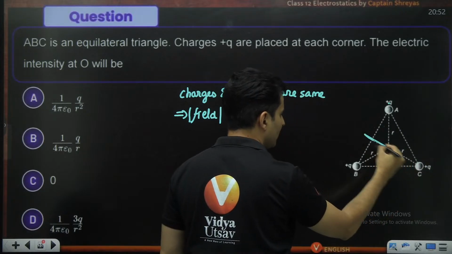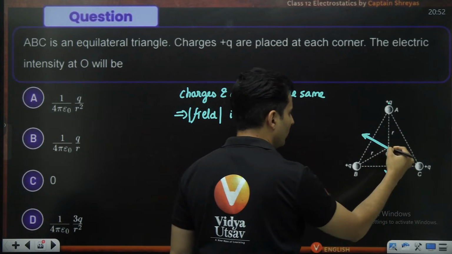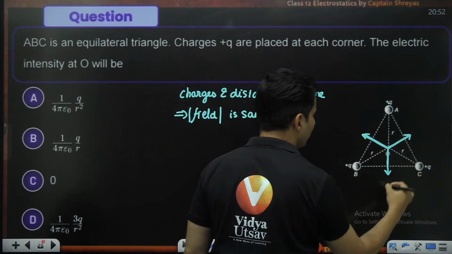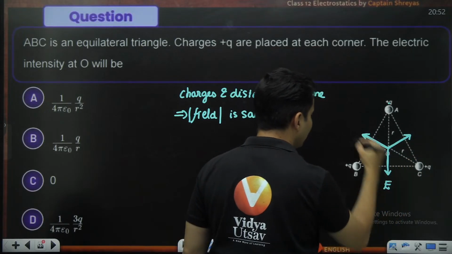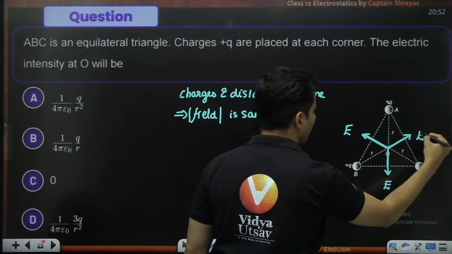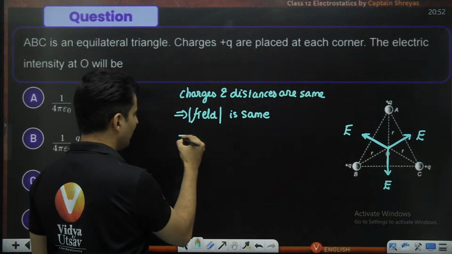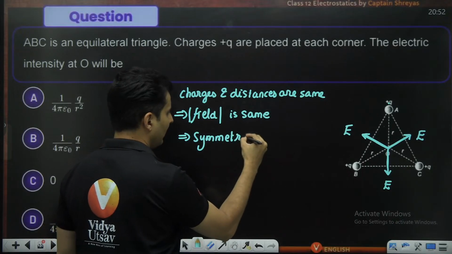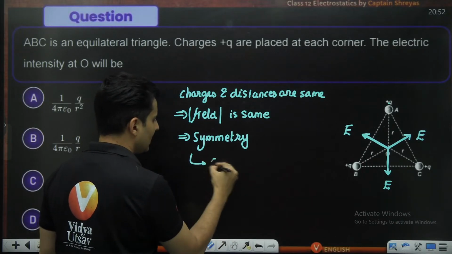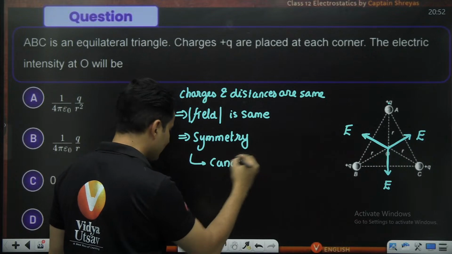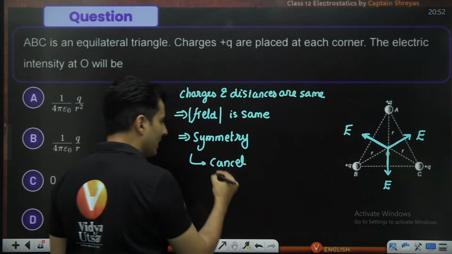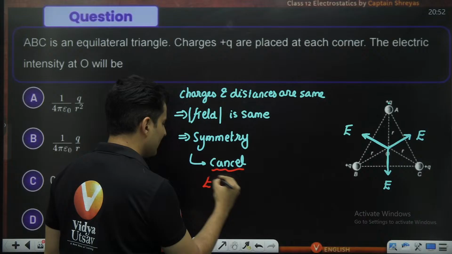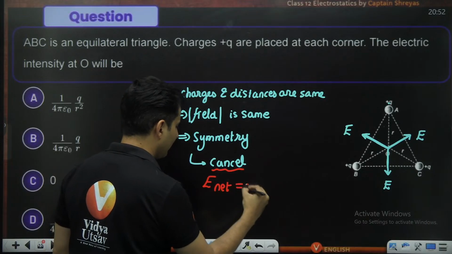Due to this charge, the field will be over here. Due to this charge, the field will be over here. This is, let's say, E. This is also E. This is also E. It is symmetrically distributed. That means they will all end up cancelling out each other, and you will see that the net electric field will be zero.